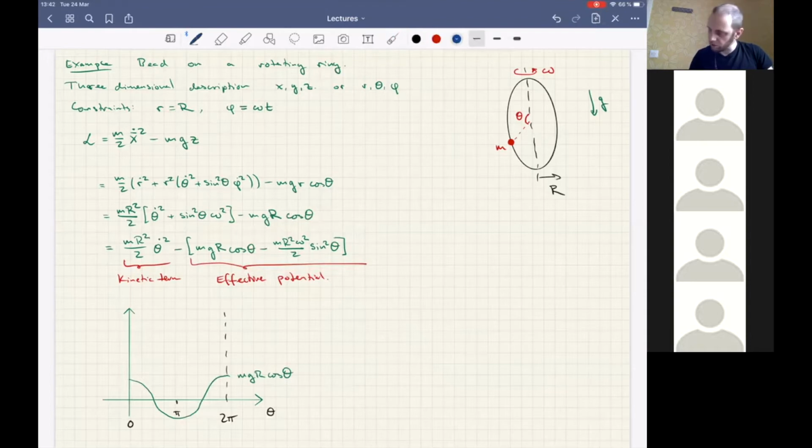That's going to look something like this. So it goes down like this and up again. And so the effective potential is the combination of those two, which means that it's going to look something like this. No, I should draw it properly like this, right? So this is the effective potential.